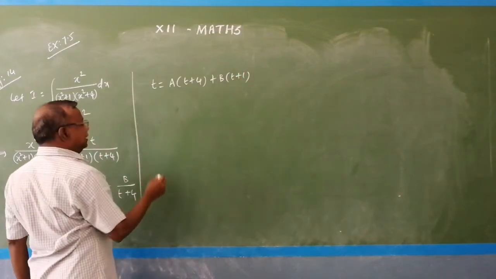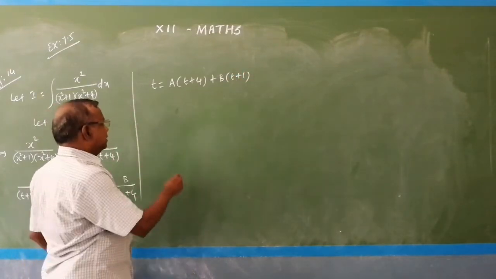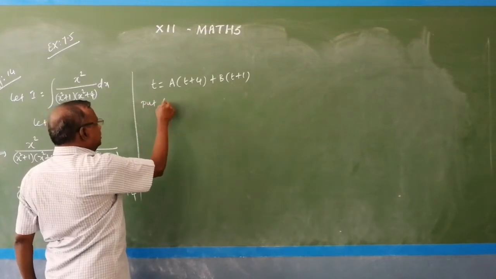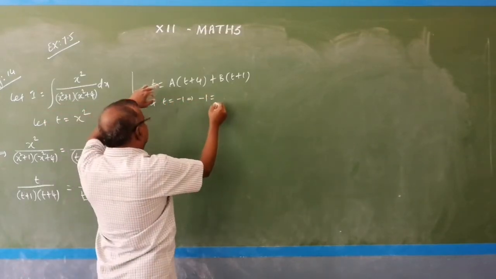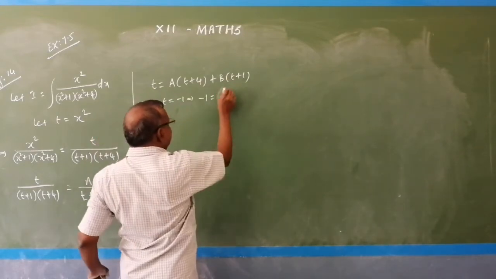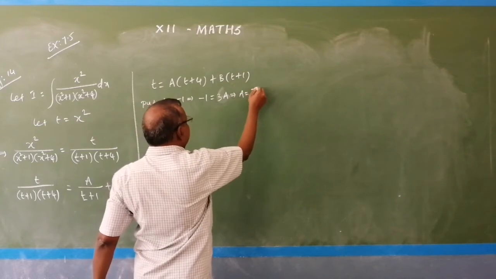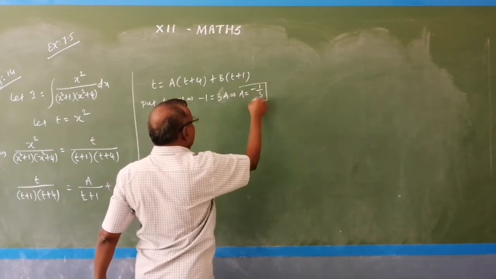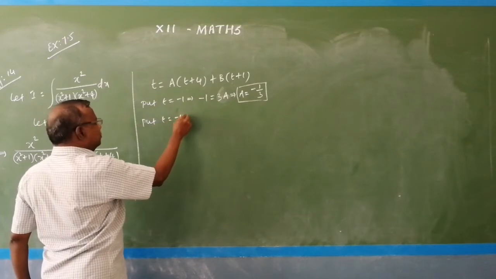Substituting the values of t, that is, we can eliminate terms by substituting minus 1 and minus 4 here. So, put t equal to minus 1, we have minus 1 equal to a into 3, that is 3a, and the other term will be eliminated. So, a equal to minus 1 by 3.